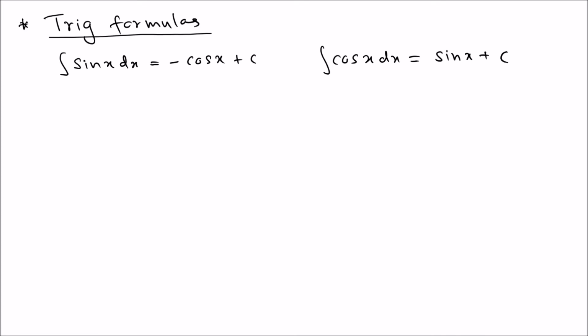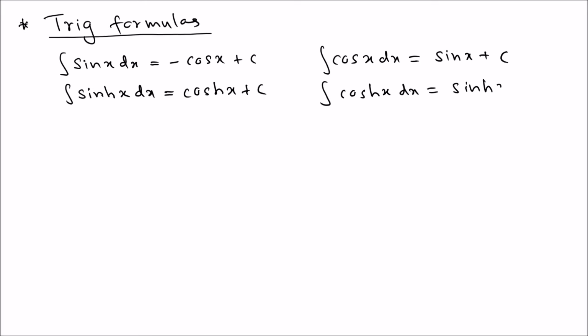Then I'm going to include the hyperbolic functions here because of the similarity. If we have hyperbolic sine, sinh x dx, that is simply cosh x plus c. Similarly, cosh x dx is simply sinh x. You can see that there are no negative signs in those. That's the difference here.